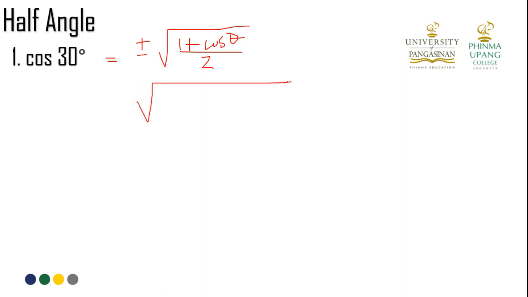Okay, next is square root. Then 1 plus cos theta. So since this is 30 degree, our theta will be 60. 3 times 2 is 60. So this is cos 60 rather. We're gonna write cos 60 here all over 2.